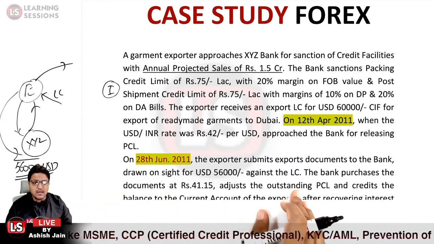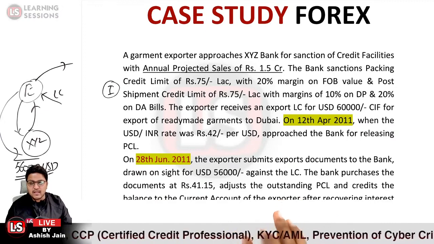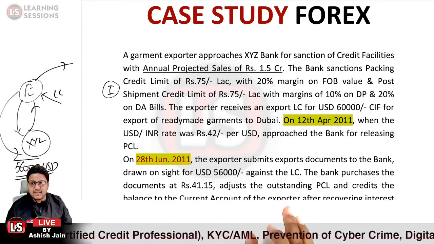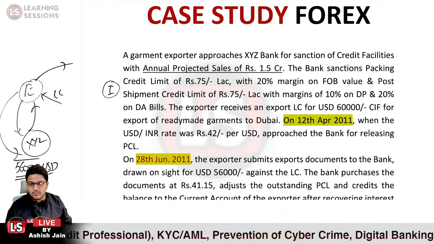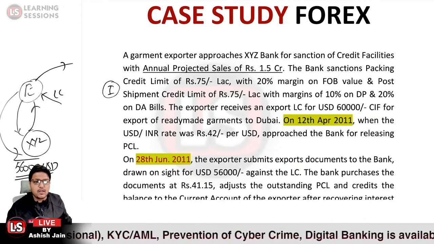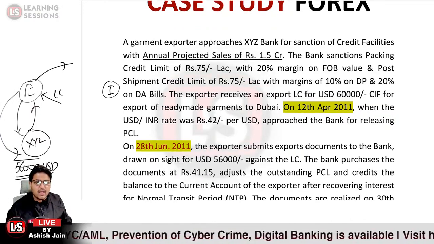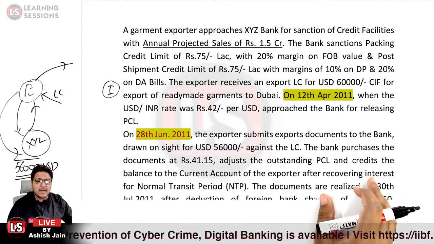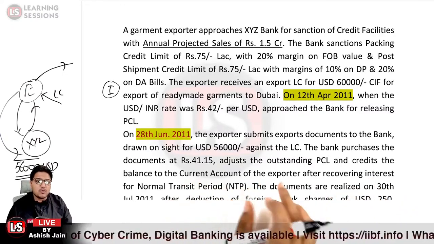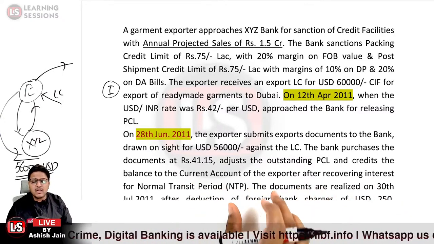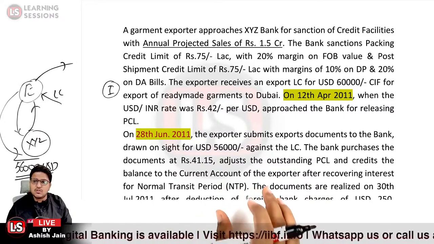The exceeding balance was credited to the current account. It further says the balance is credited to the current account of the exporter after recovering interest of the NTP. So the NTP interest was also recovered.